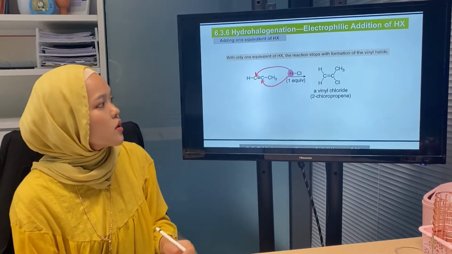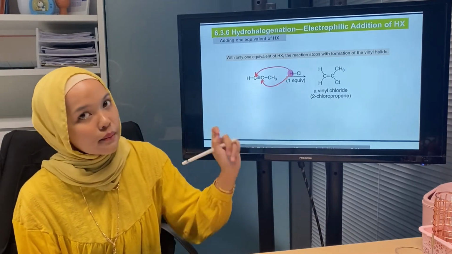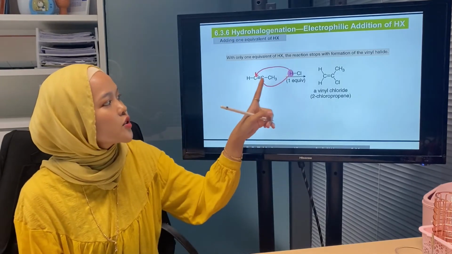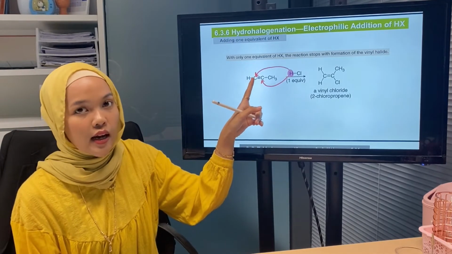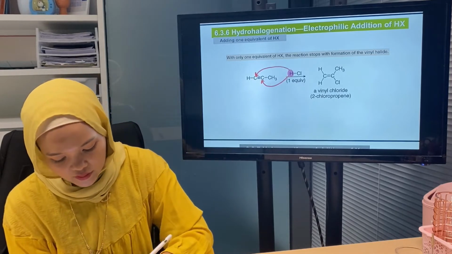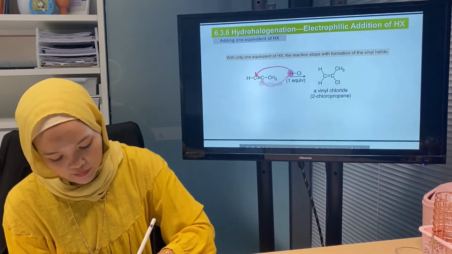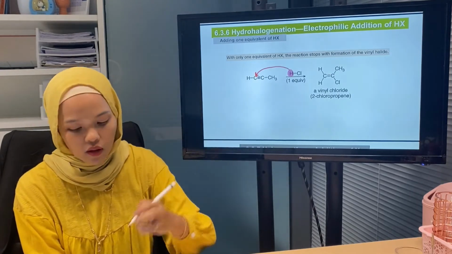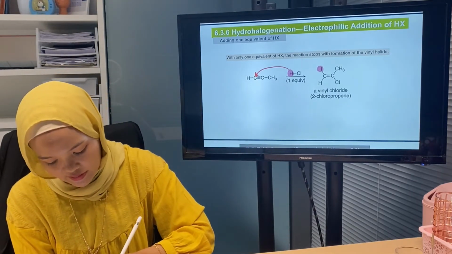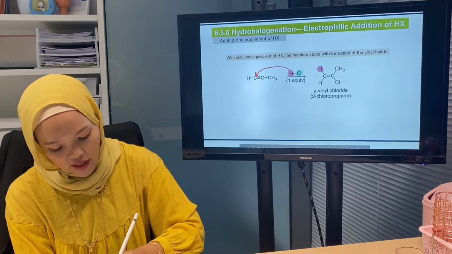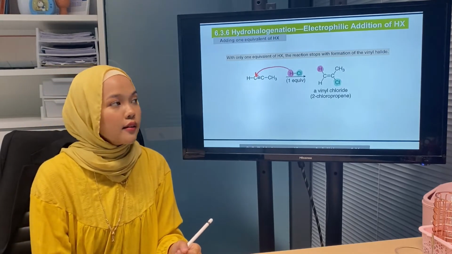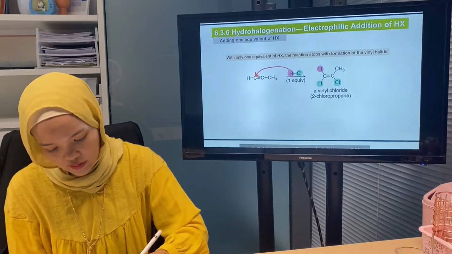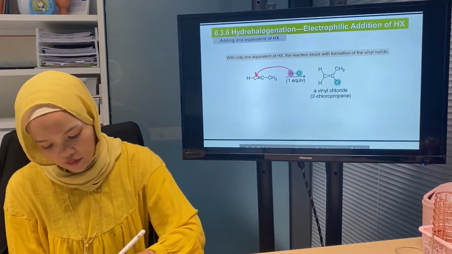If you want it to make sense, we follow the Markovnikov rule. The hydrogen will be added to this carbon, the first carbon, so this one will not occur. Your hydrogen is added here, and your Cl is going to be added here. Or this could be your hydrogen, depending, not a problem.